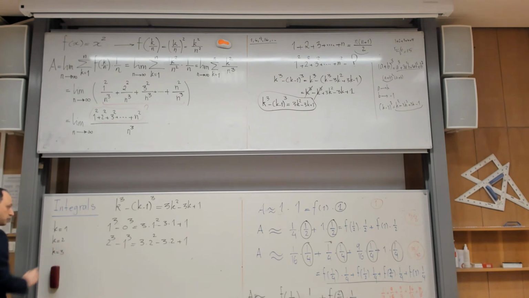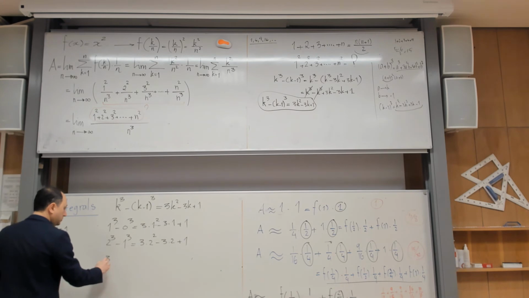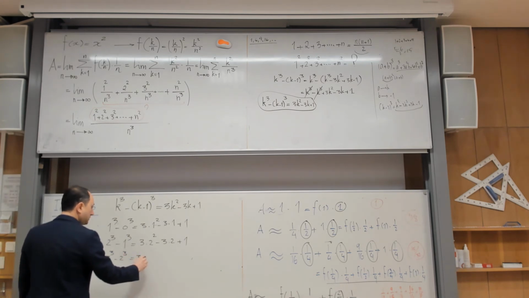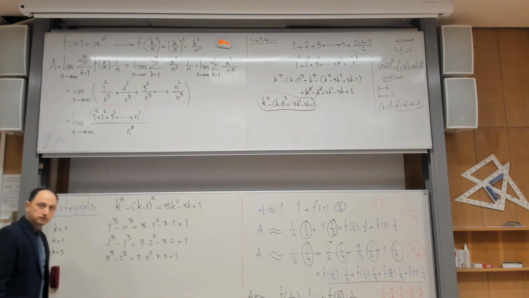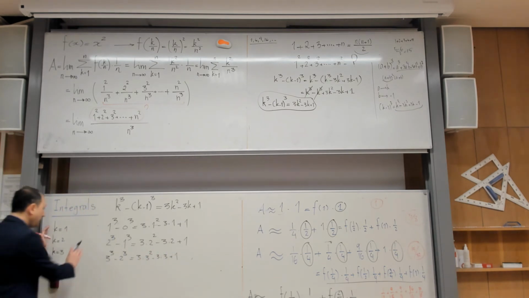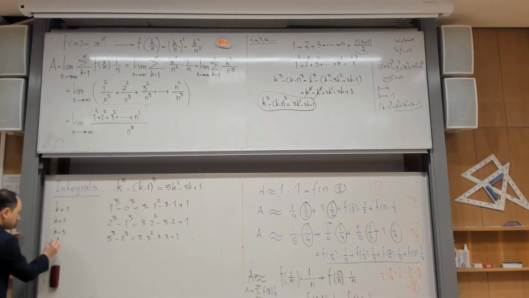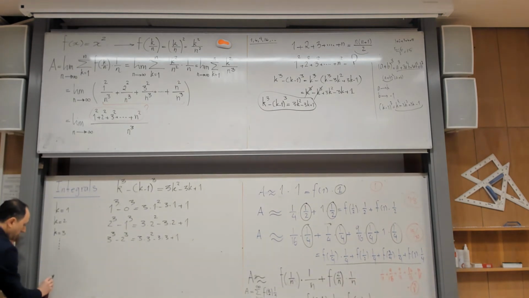You can realize what the pattern is. k equals 3. I put it here. 3 to the power of 3 minus 2 to the power of 3 is equal to 3 times 3 to the power of 2 minus 3 times 3 plus 1. Yes?